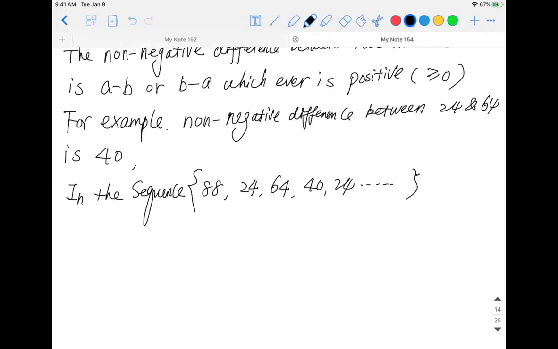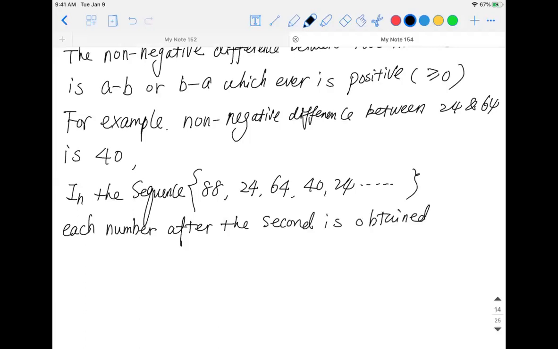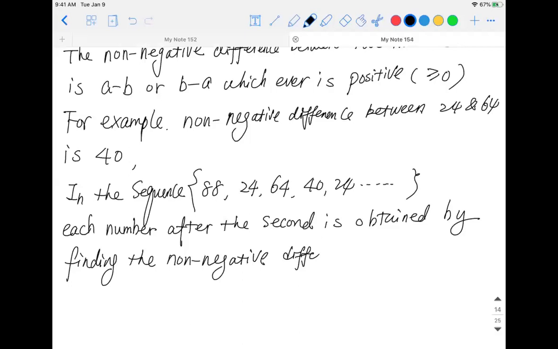In this sequence, each number after the second is obtained by finding the non-negative difference between the previous two numbers.